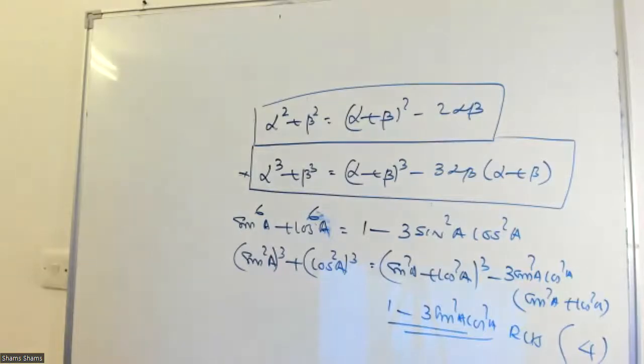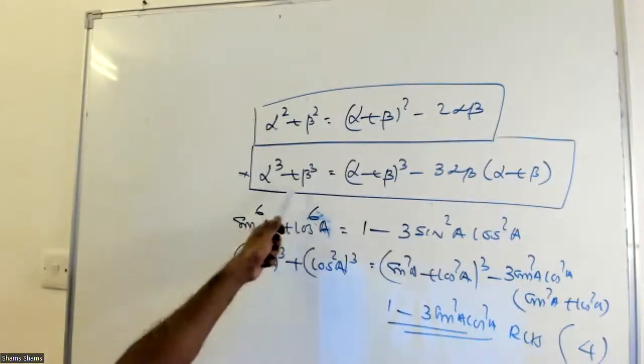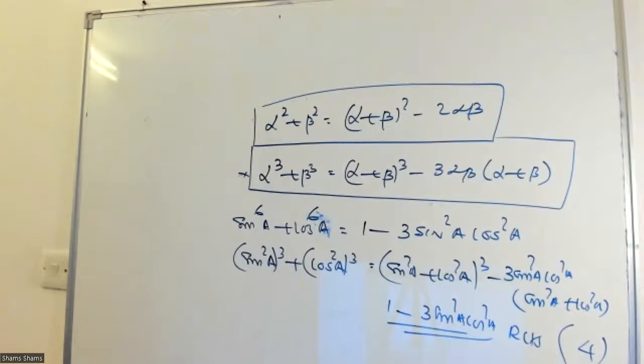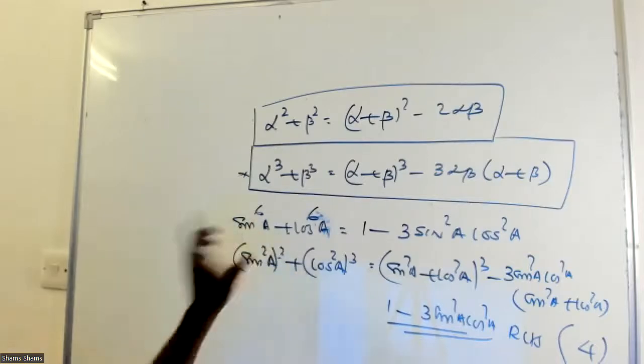First of all, check this identity: alpha cube plus beta cube equals alpha plus beta whole cube minus 3 alpha beta into alpha plus beta. Is that clear or not? Sine raised to 6A, we can write sine square A whole cube, agree or not? 2 into 3 is 6.